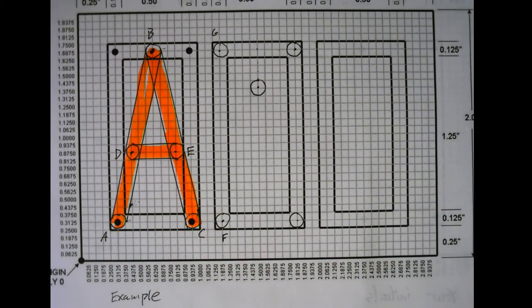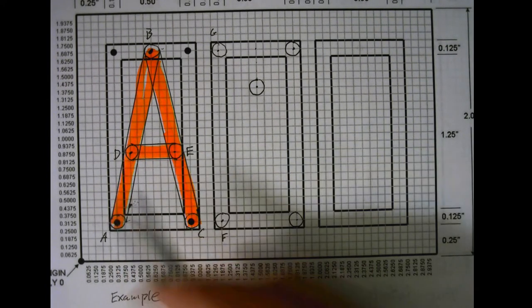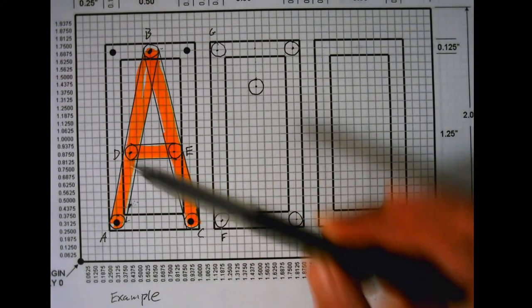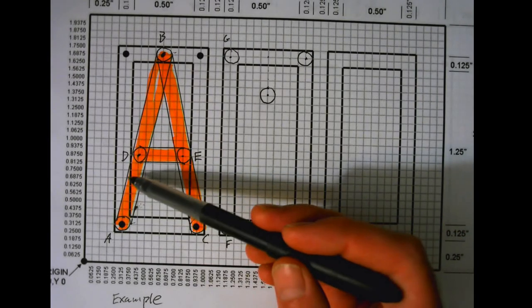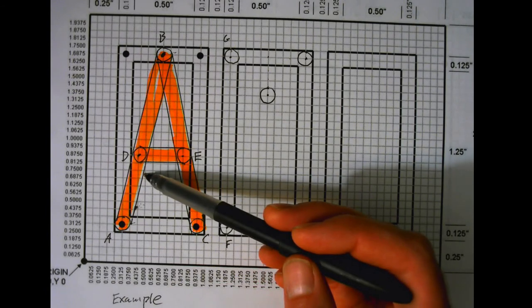Now what I've done here is there's a couple things. I've highlighted it. You don't have to highlight yours, but I've highlighted mine to make the lines a little bit easier. You can see that I have these points lettered, right? In our milling machine, there's going to be a mill that's 1/8 inch wide, and this represents the 1/8 inch wide end mill.